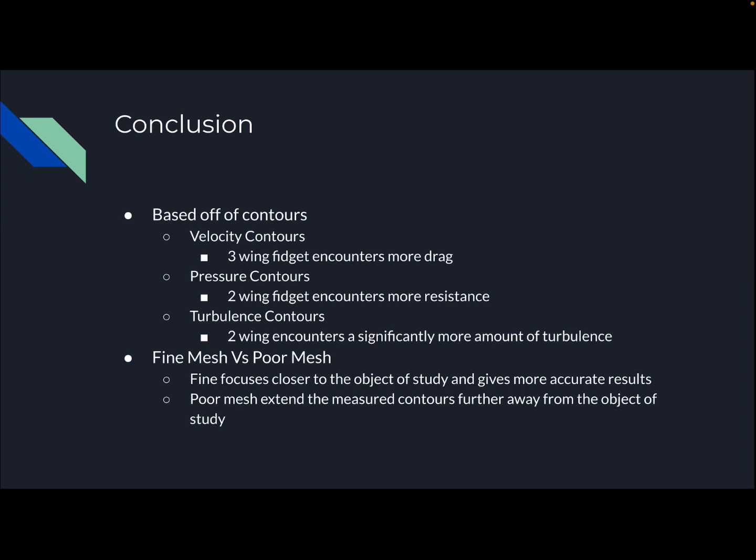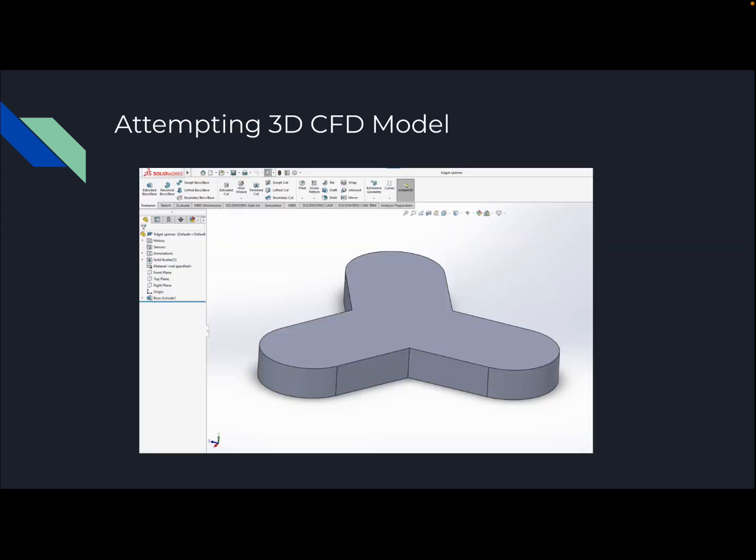So if you would like to continue the study, Nathan can kind of explain how we did a 3D model here. So we went and made a model of the fidget spinner on SolidWorks, which we could then import over to ANSYS and run a CFD model on it. Now, we haven't yet run a CFD model.